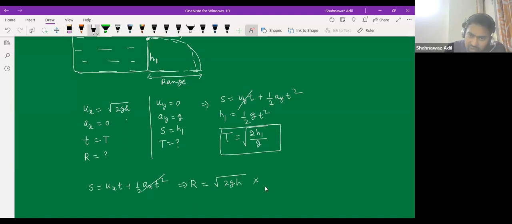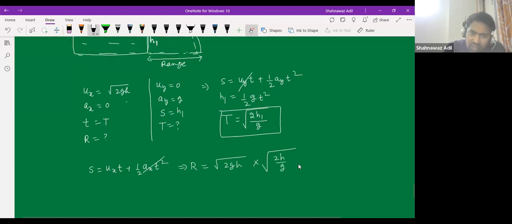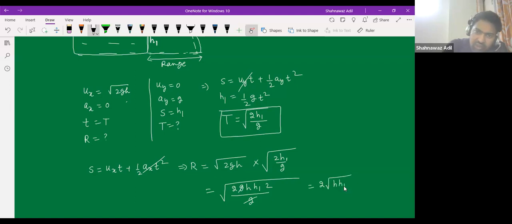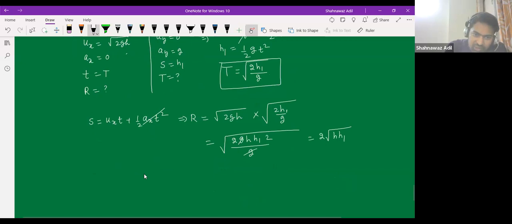That is root of 2h1 by g. So if we put these two things together, this would be root gh1 by g. So this g will cancel, and we will get 2h1. So that would be the range.